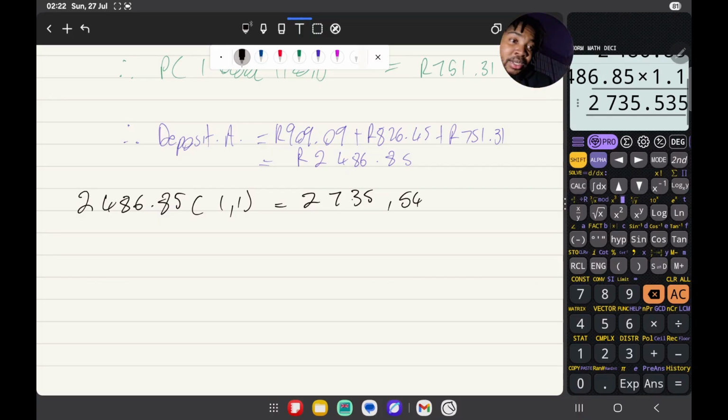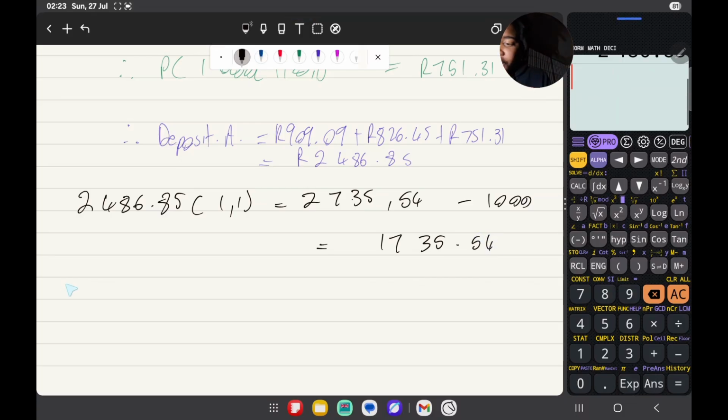And then I subtract my 1,000 rand. This is after a year. So I subtract that 1,000, and I'm gonna have 1,735.54.